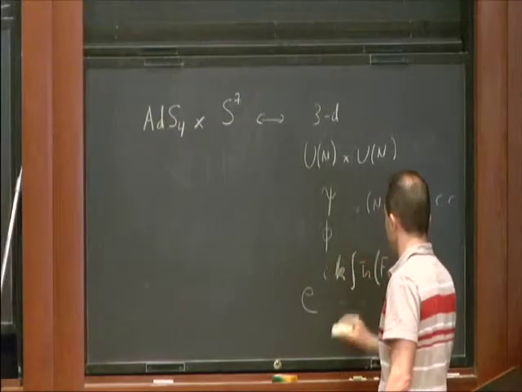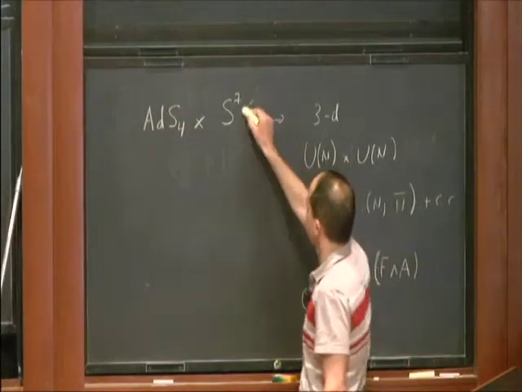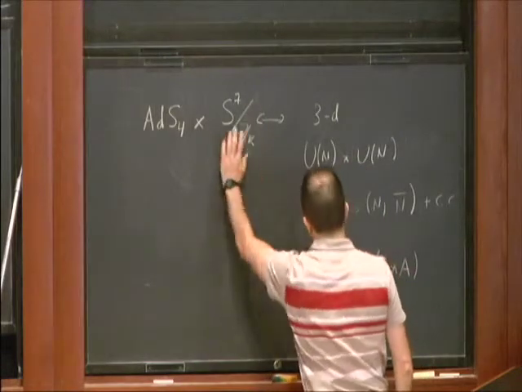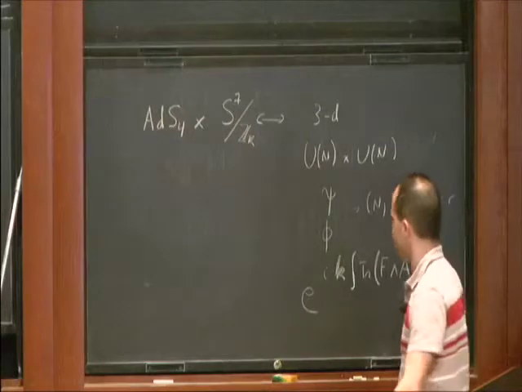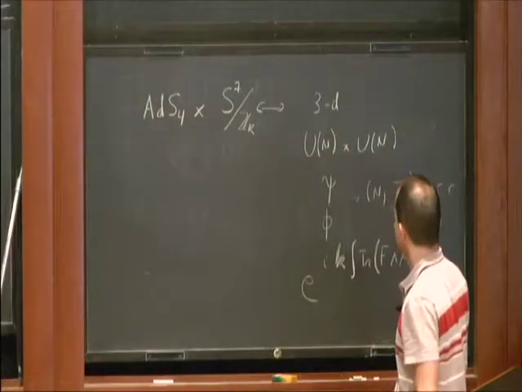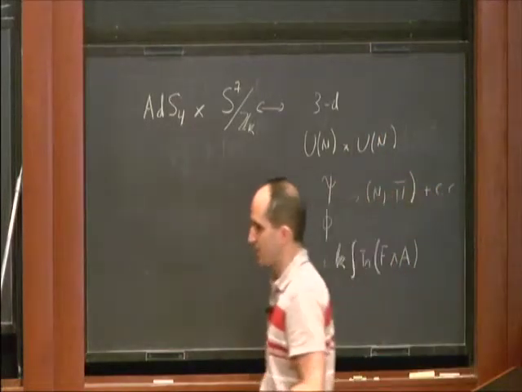If k is large, the theory is very weakly coupled, and that corresponds to the case where we divide here by Z_k. When we have the full S7, we just take k equal to 1, and that's the more strongly coupled version of this theory. Anyway, that's one particular example, and you can do computations using this example and compare them to gravity computations.